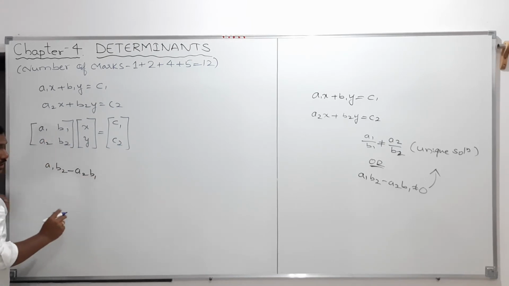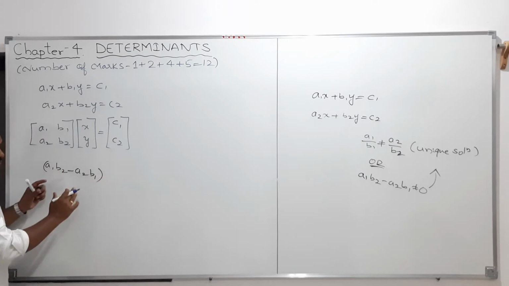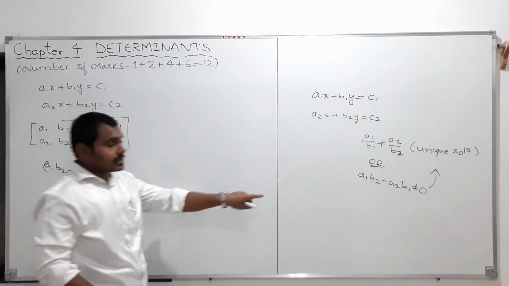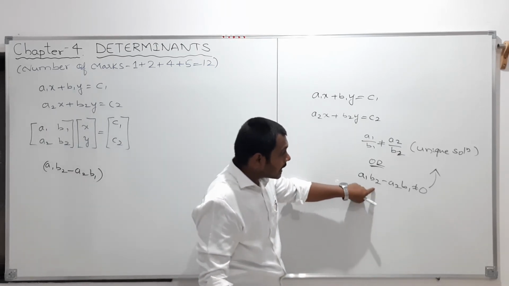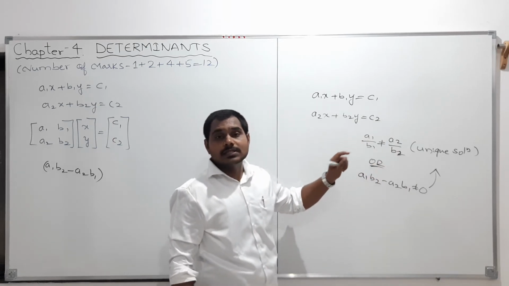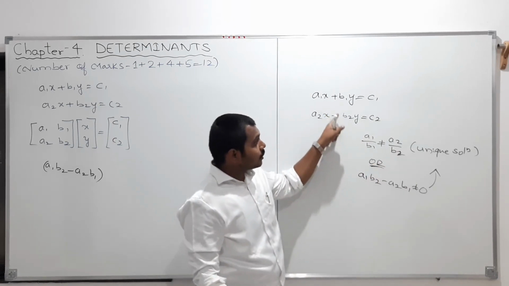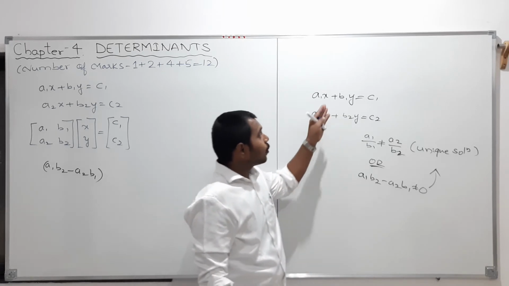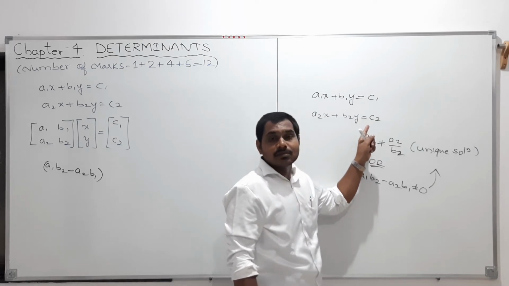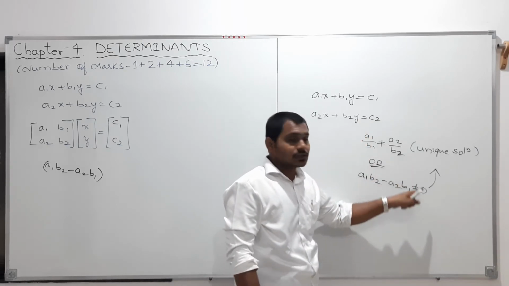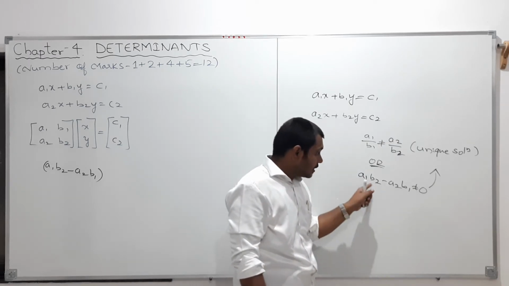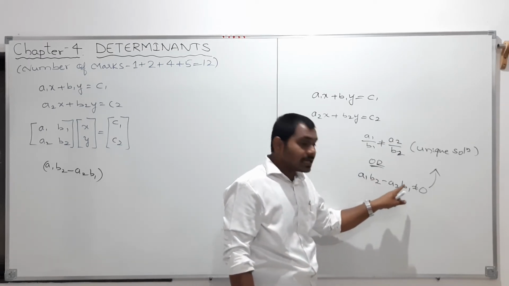So what is happening, my dear students? After solving this, we will get some number. What does this number indicate? This number indicates the uniqueness of the solution of the given linear system of equations. Whatever linear system of equations is given to you, whether it has a unique solution, no solution or infinite solutions is determined by using this value a1 b2 minus a2 b1.